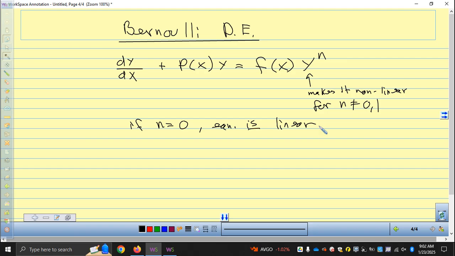If n equals 1, the equation is separable, because then we could divide by y and the y would go away. I'd have dy over y equals minus p of x dx plus f of x dx. So I'd have all the x's together and all the y's together.